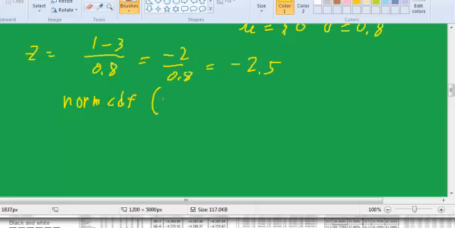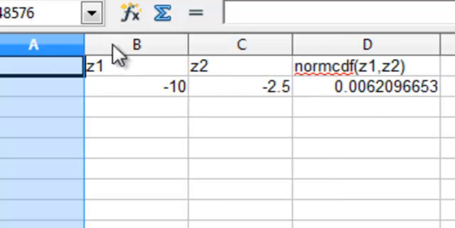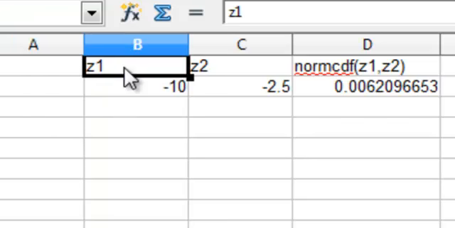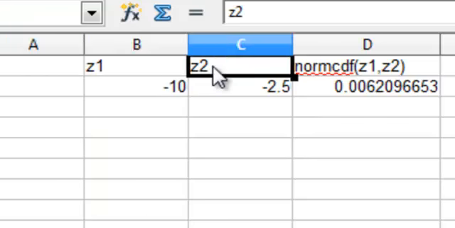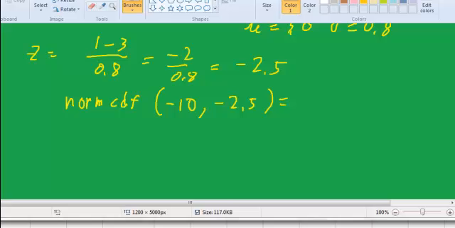I call the left-hand value of z, z1, the right-hand value of z, z2, and I take norm CDF from z1 to z2. So we were taking it from negative 10 to negative 2.5, and our answer was 0.0062. So that's our answer, 0.0062. And that's the probability that we'll get less than 1 inch of rain.